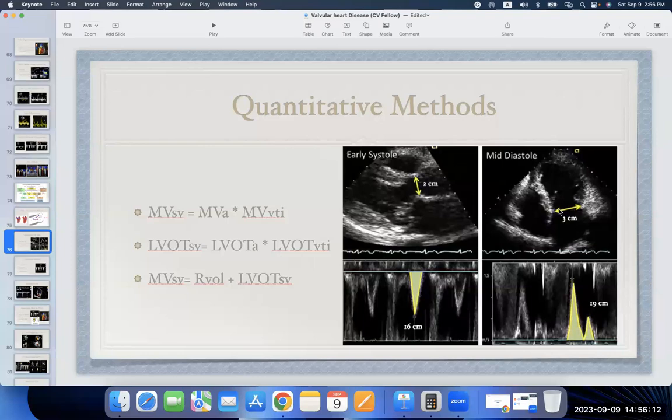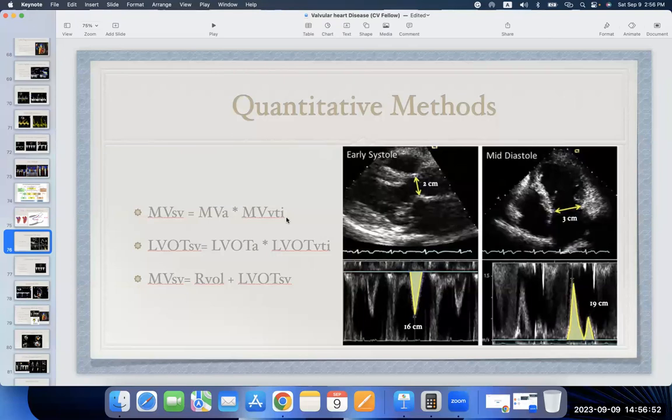You measure the diameter, calculate the area, and then multiply it by the VTI at the site of the annulus. So you have to measure the pulse wave at the site of the annulus, and when you multiply them, you calculate the stroke volume. You cannot use the continuous wave or the pulse wave at the tip of the leaflet. You have to use the pulse wave here. Once you calculate the stroke volume, you can do the subtraction to get the regurgitant volume.